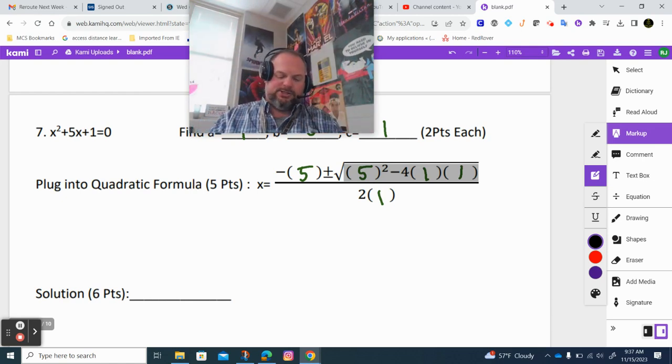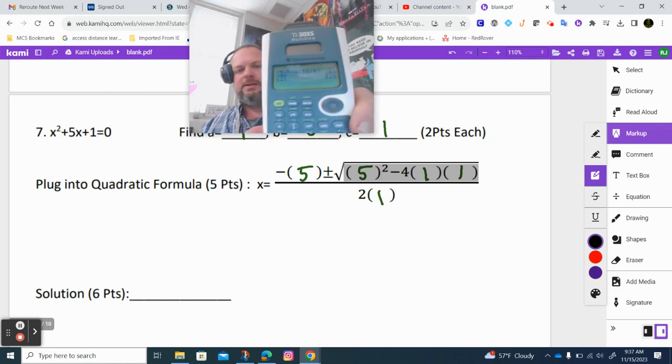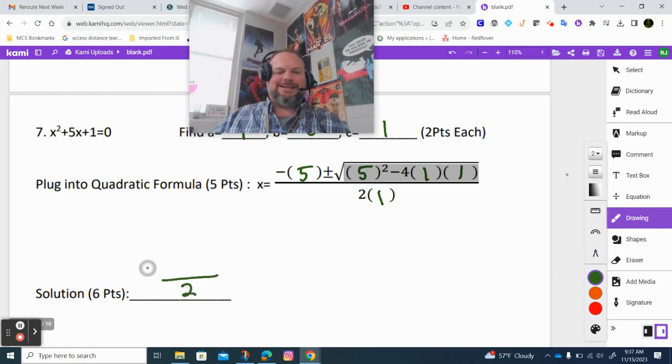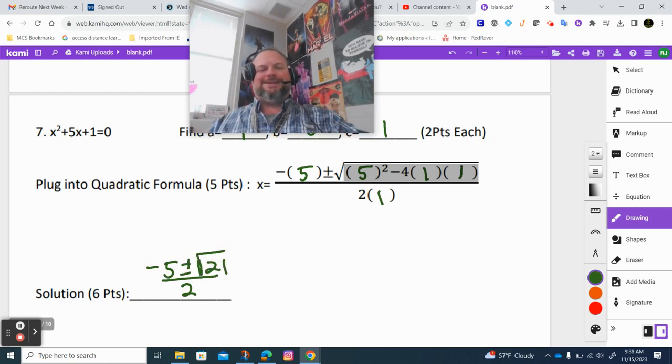All right, so let's check. The square root of 21 is the square root of 21. Wow, it's like the guy who made this made it easy or something. It's crazy. All right, and that's it.